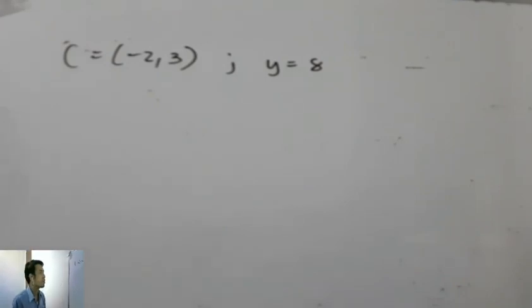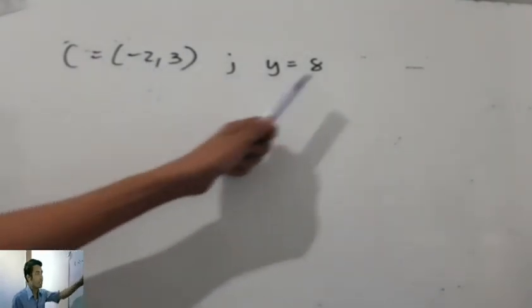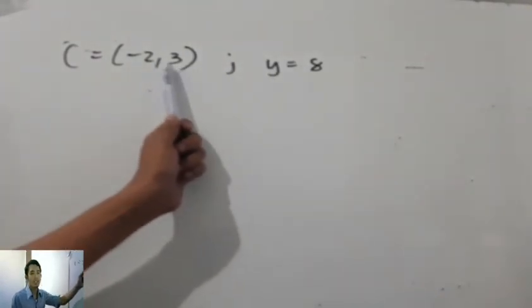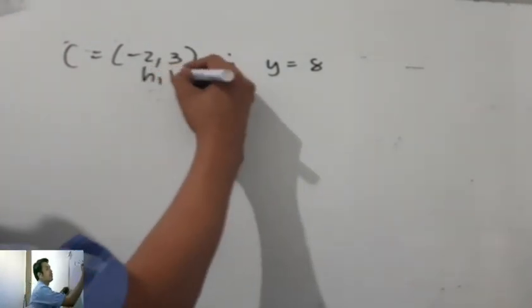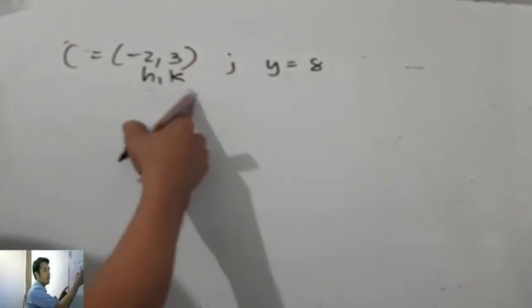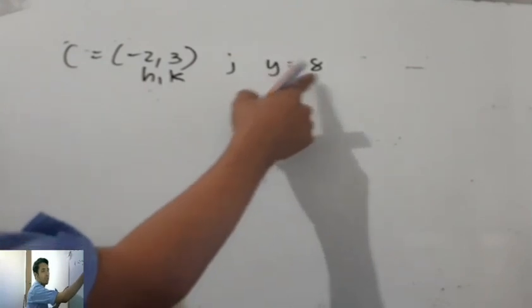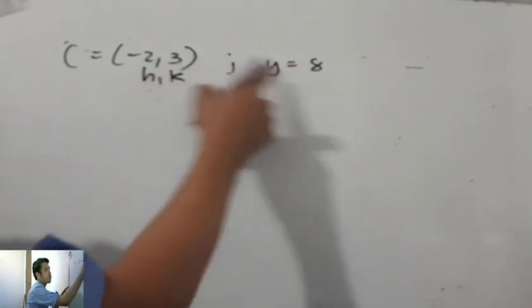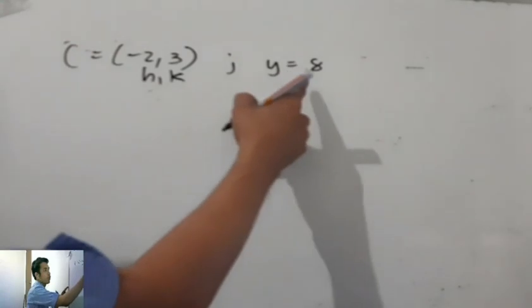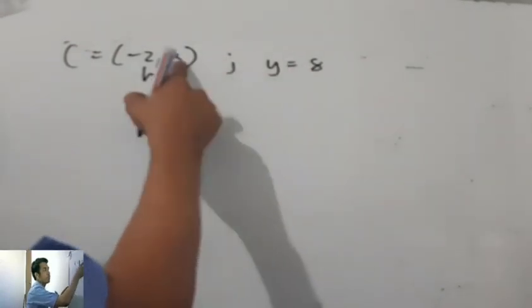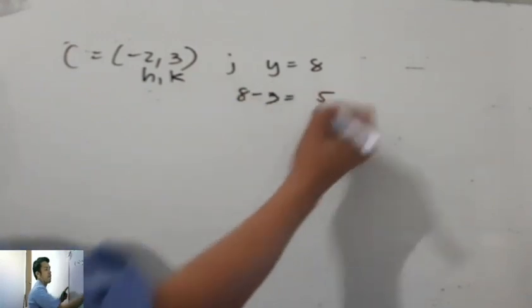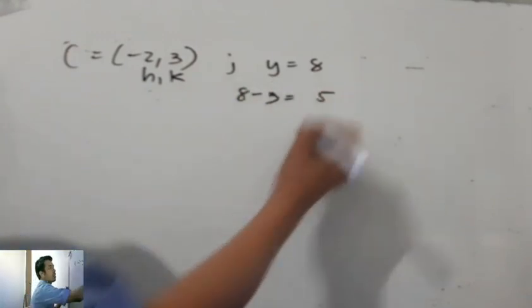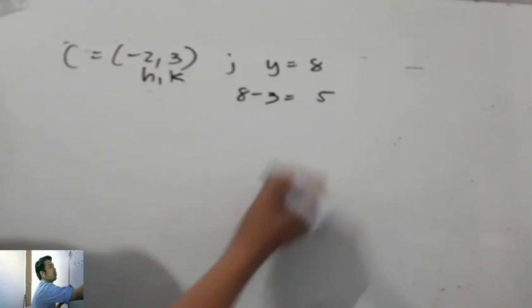All you have to do is subtract 8 and 3. Since our center is h, k, or x, y, and our line is y = 8, subtract both y and k. So we have 8 minus 3, and that is 5. So the radius now is equal to 5.